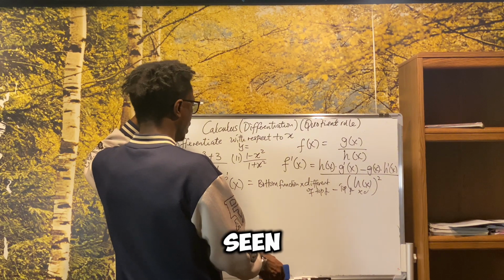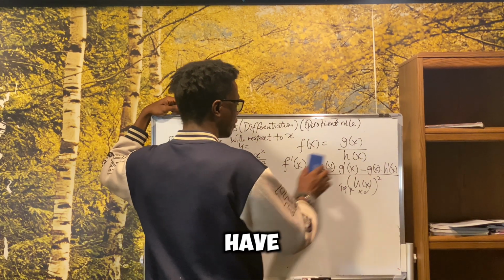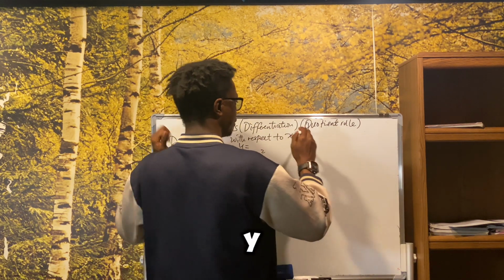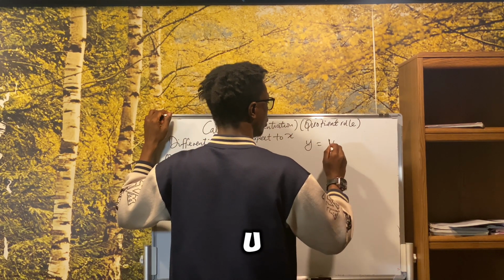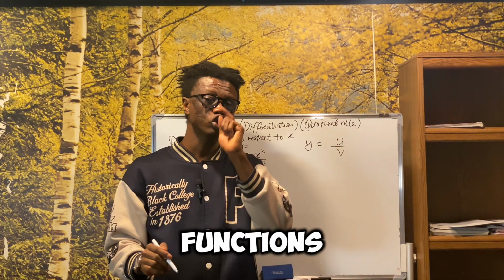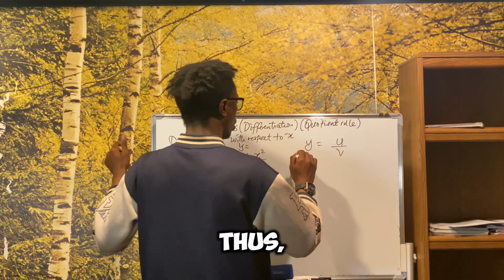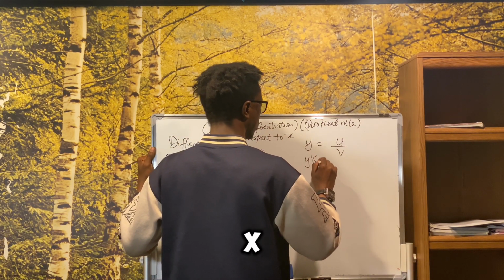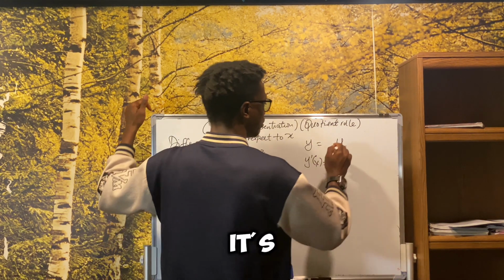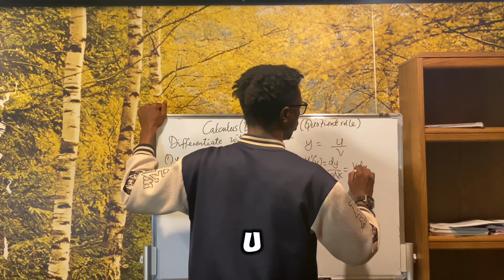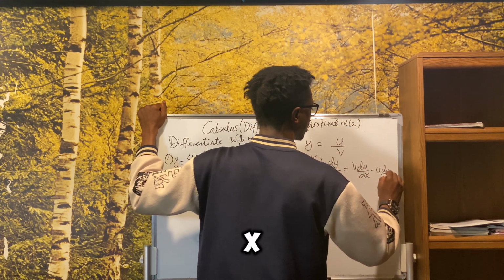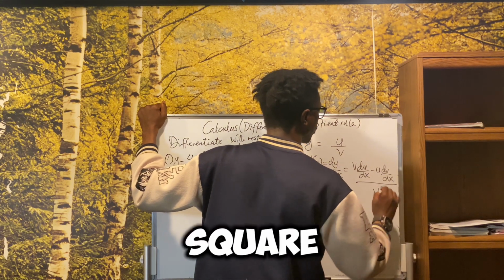Now most of you have seen not just this form, you must have seen it in this other form. So let's say y equals u over v, where u and v are functions of x, thus y prime of x, or we say dy over dx, equals v du over dx minus u dv over dx, all divided by v squared.